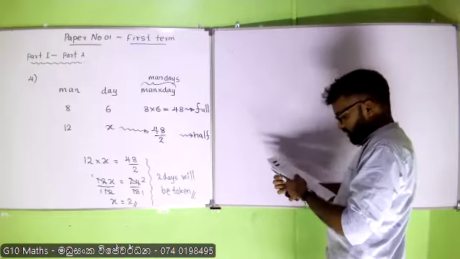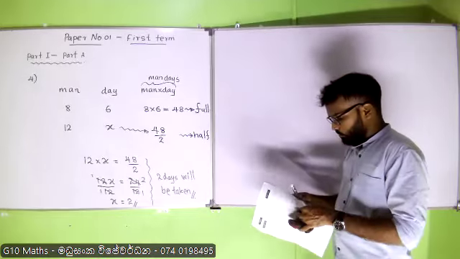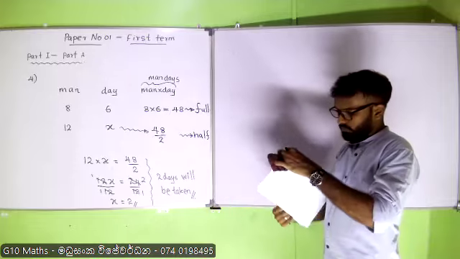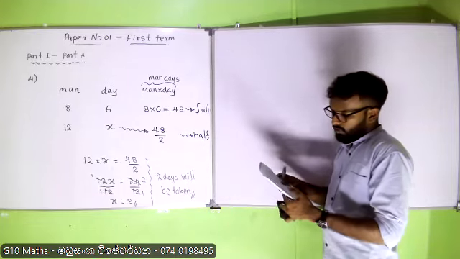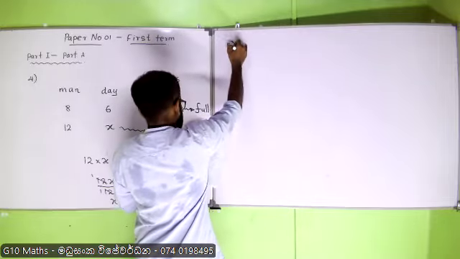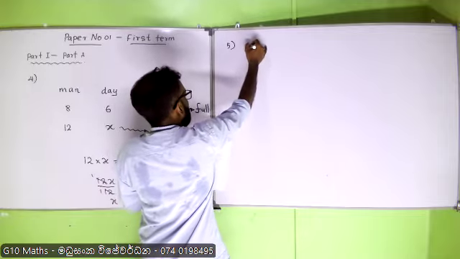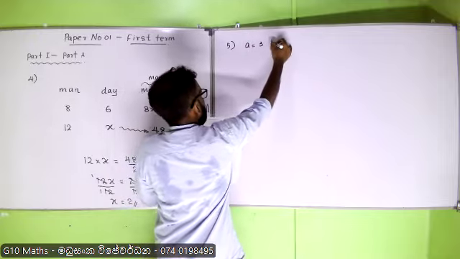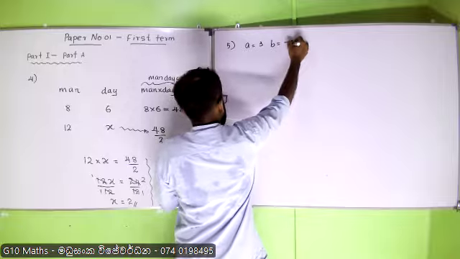Right. So let's go to the 5th one. I'm not going to explain much more. A equals 3, B equals -4.